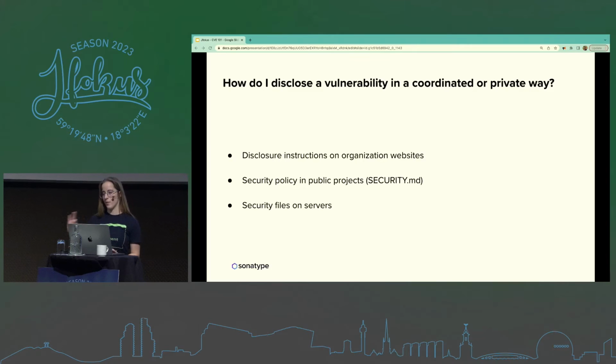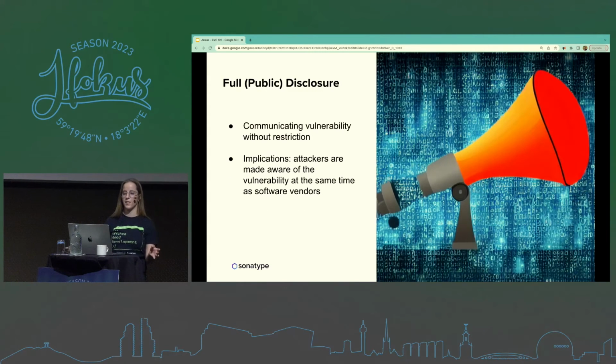So there is a third type of disclosure that does not involve this sort of private communication, and that is public disclosure. This, from my understanding, comes from when researchers have a breakdown in communication. They can't get hold of an organization, or maybe an organization doesn't fulfill their agreement with a coordinated disclosure, and the researcher does what they think is best for potentially the common good, and fully discloses that vulnerability without giving the organization a chance to remediate.